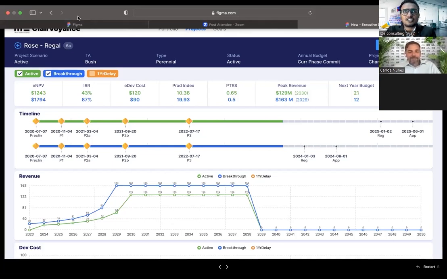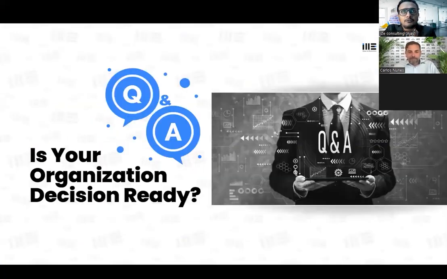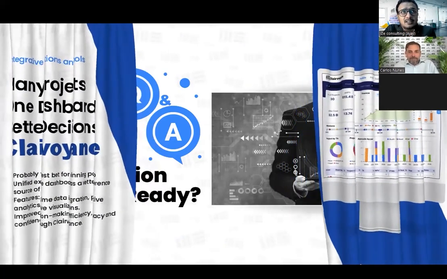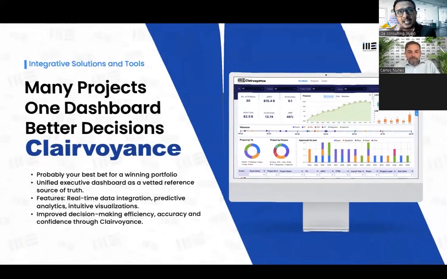All right. So just to close, I2U's Clairvoyance harmonizes data, providing a digital dashboard for critical project level information. This unified project portfolio view grants transparency into project composition and performance, facilitating informed decisions on investment scenarios.